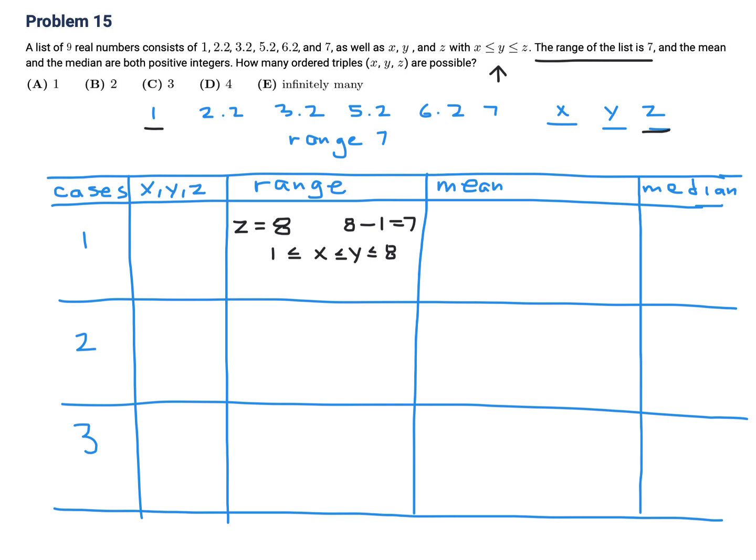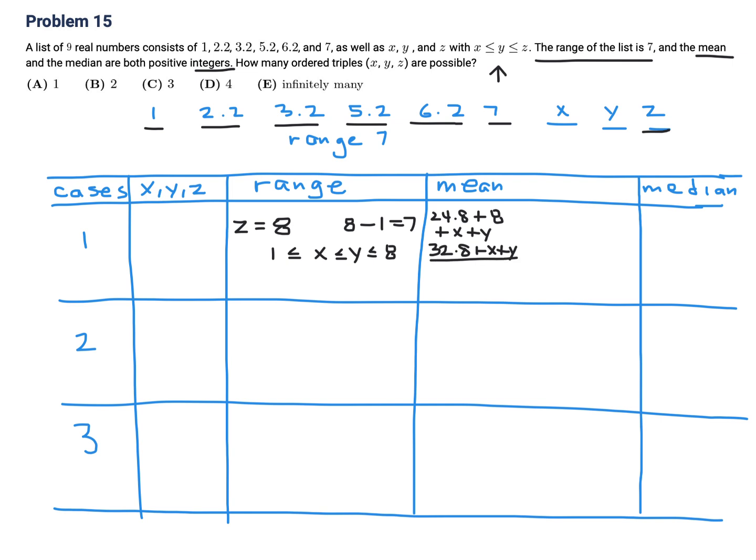And therefore the mean, you'd have to add up all the numbers. When you add up these guys, the total actually is 24.8. And then plus the 8 for the z, and then plus the x plus the y. And what else are they saying? The mean is an integer. Okay, so this is basically 32.8 plus x plus y.